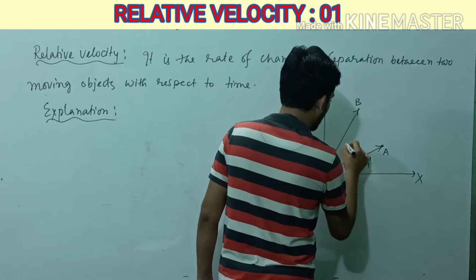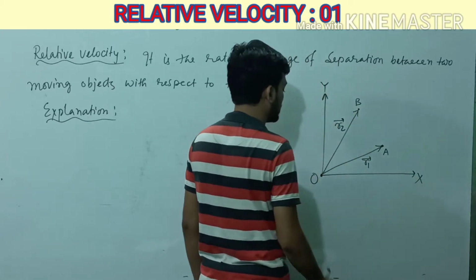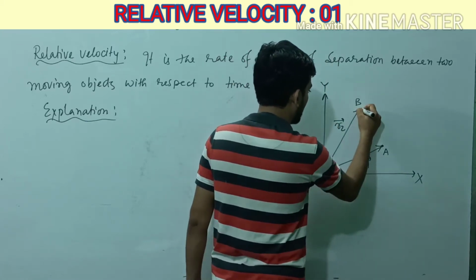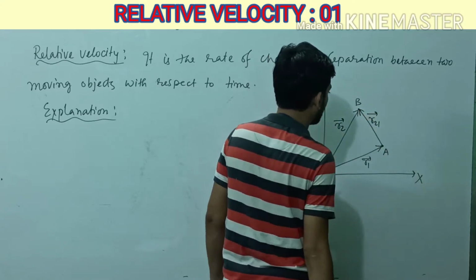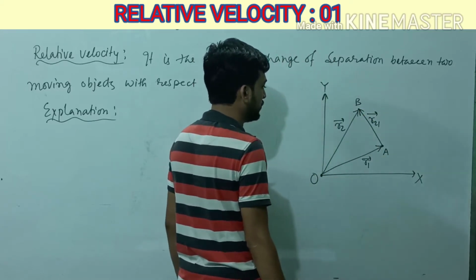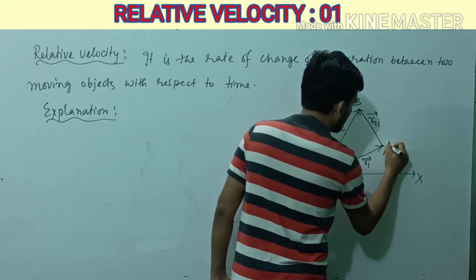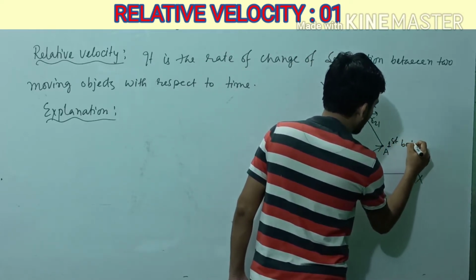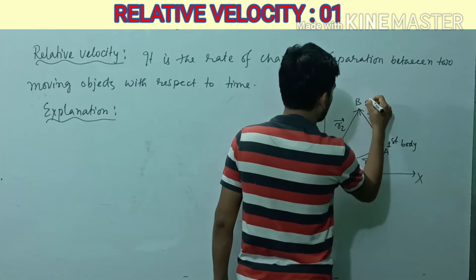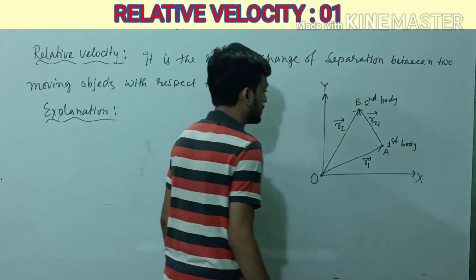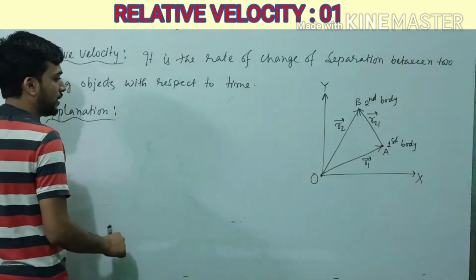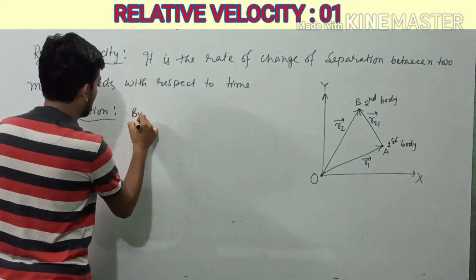Let r1 and r2 be their position vectors and r21 be the separation of second body with respect to first body. This is the position of first body or first object you can say, and this is the position of second body or second object.